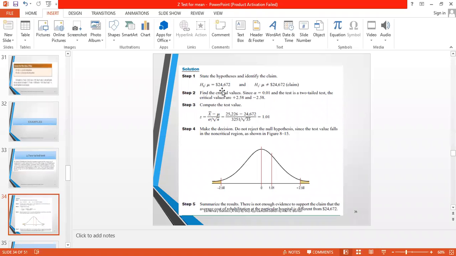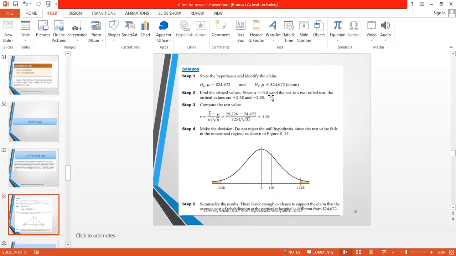State the hypothesis and identify the claim. Our null hypothesis is that the average cost is $24,672, and our alternate hypothesis is that the average cost is not $24,672. We find our critical value at alpha 0.01.